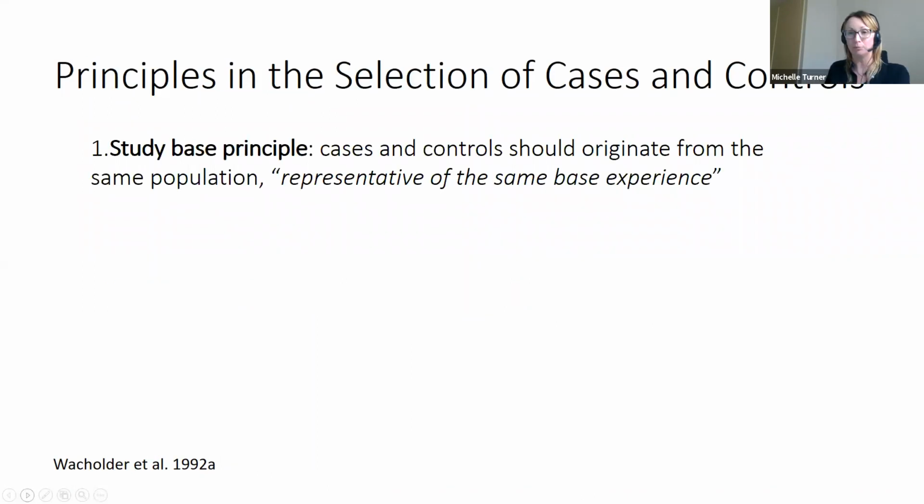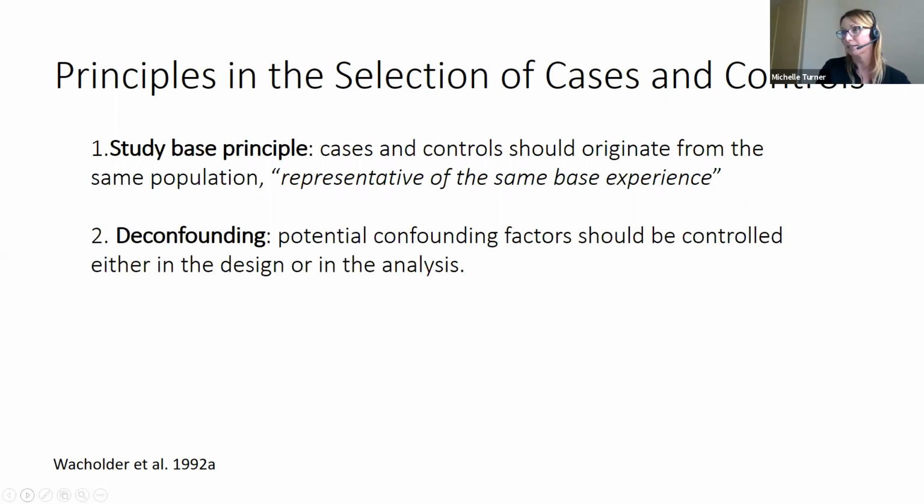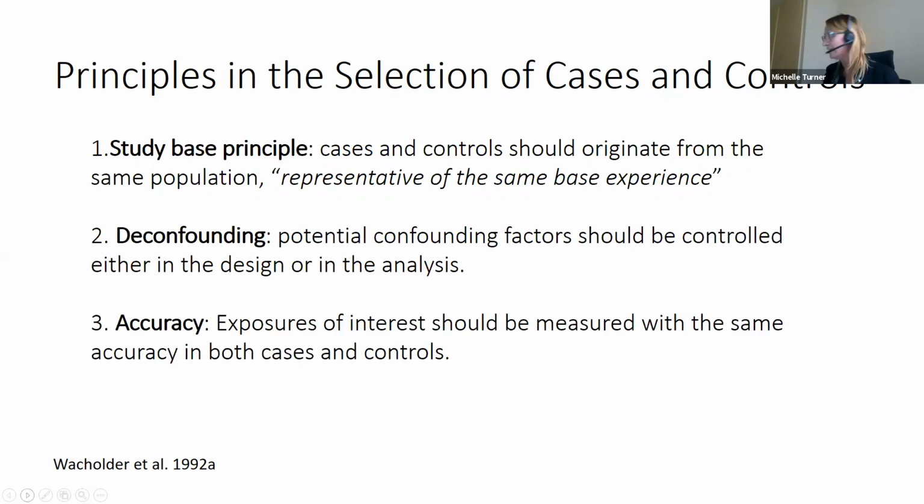So these are four main principles that this reading describes for the selection of cases and controls in case control studies. The first one, cases and controls should originate from the same population and they should be representative of the same base experience. The second principle, deconfounding. Potential confounding factors should be controlled either in the design or in the analysis. And the third is accuracy.